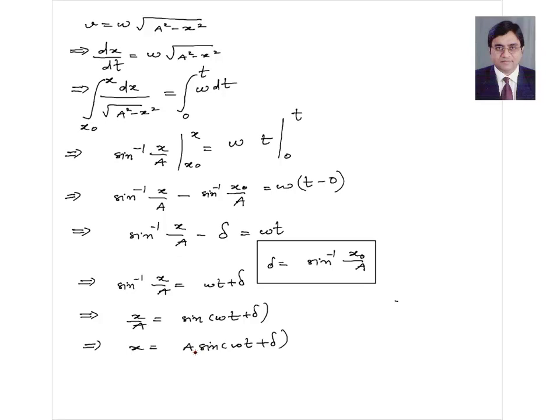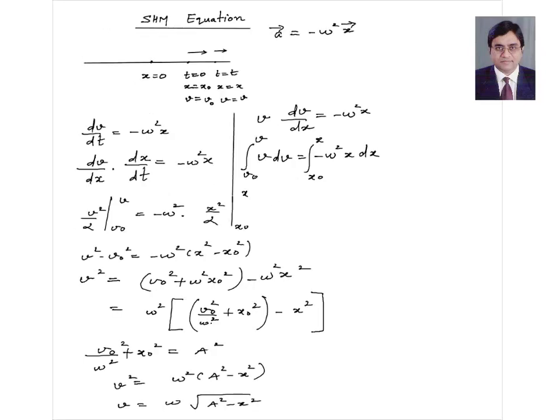And that means A is nothing but the amplitude itself. So while in this step it was not clear what A actually was, now it is clear that A is the amplitude of the specific SHM under consideration.